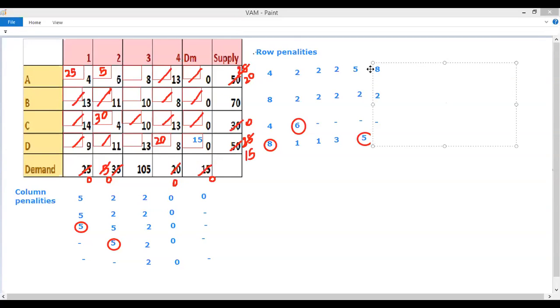And here 13, yes, we have only one value, so take 13. 13 will be the penalty. And here we don't have to compute. Again here also we don't have to compute. Here the penalty is 2. And here we don't have to compute. Here also we don't have to compute.